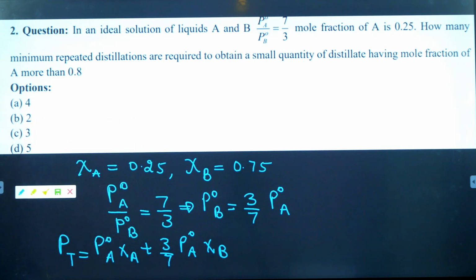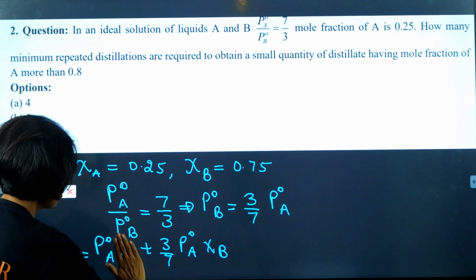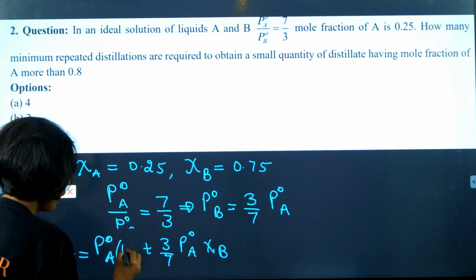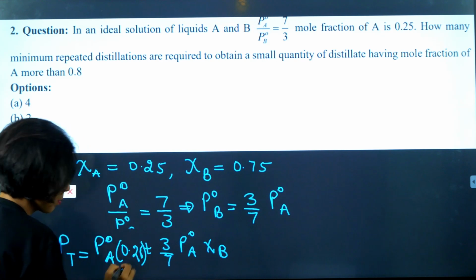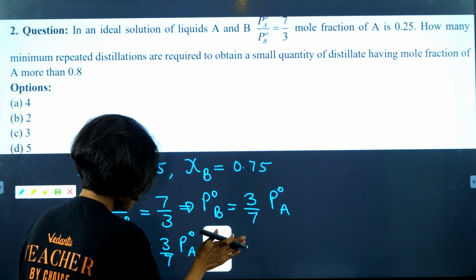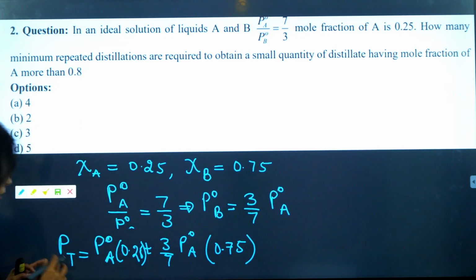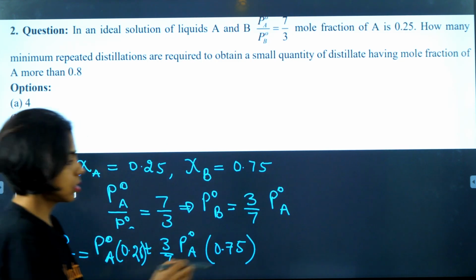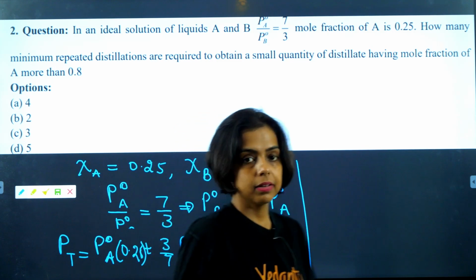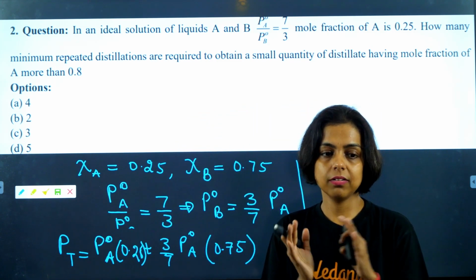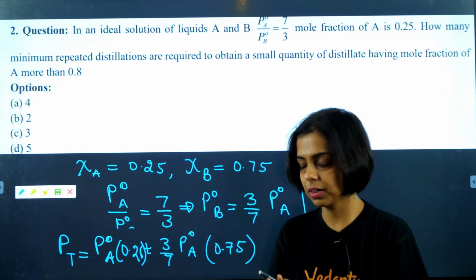XA is 0.25 and the value of XB is 0.75. This is the P total, guys, the total vapor pressure above the ideal solution of A and B initially.